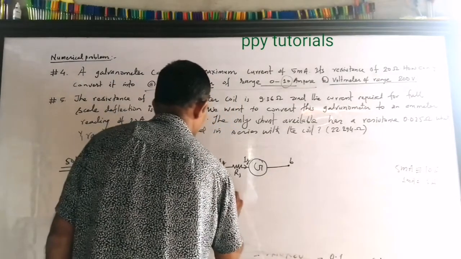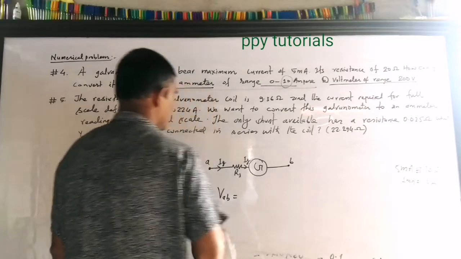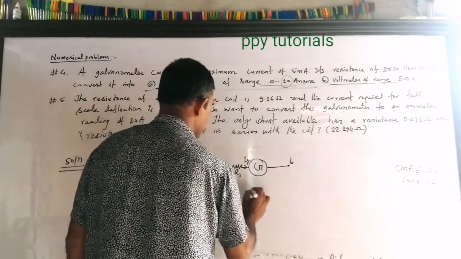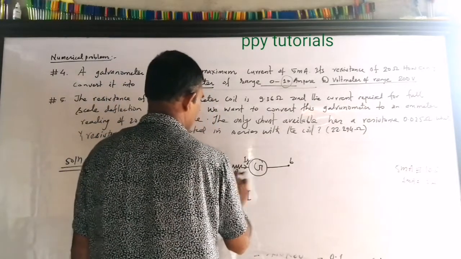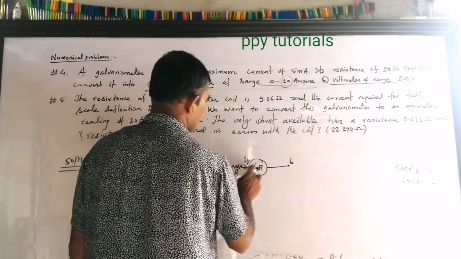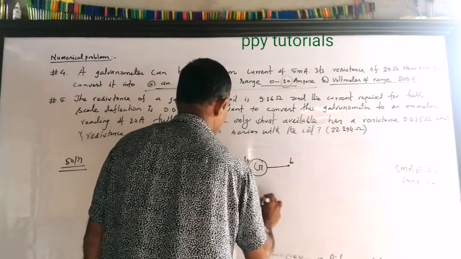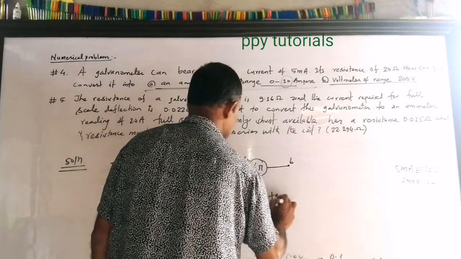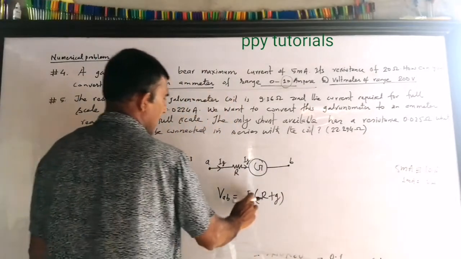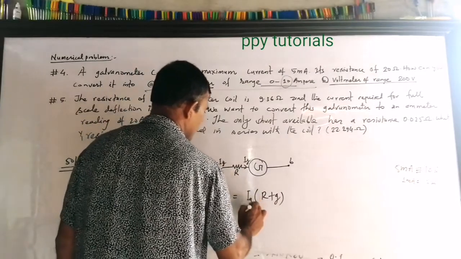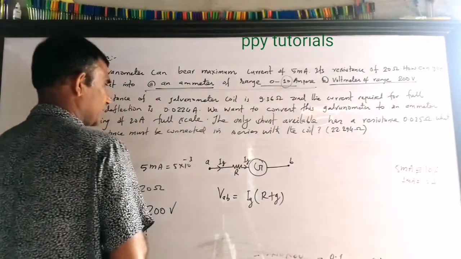So the voltage from A to B will be equal to I times R, plus G. But I is your Ig, because your galvanometer can bear up to this much current only.